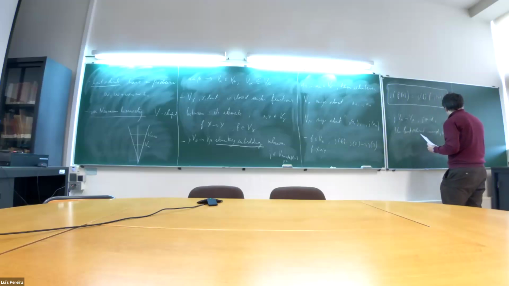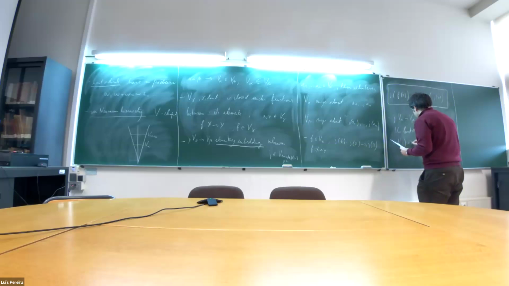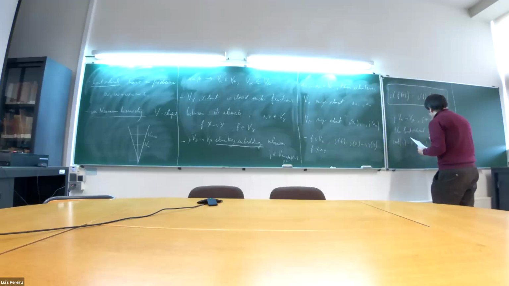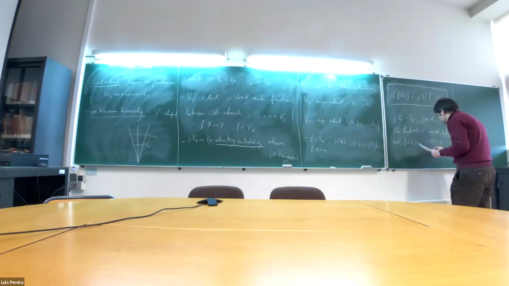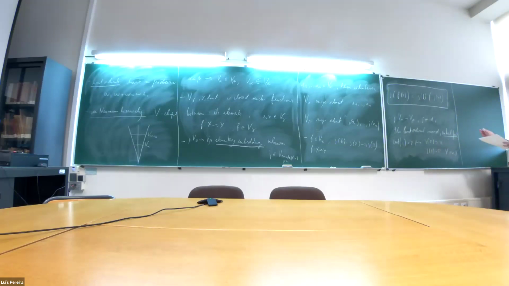Critical point of J means that J of gamma is bigger than gamma, and J of sigma equals sigma for all sigmas smaller than gamma. It's the first point that is moved.